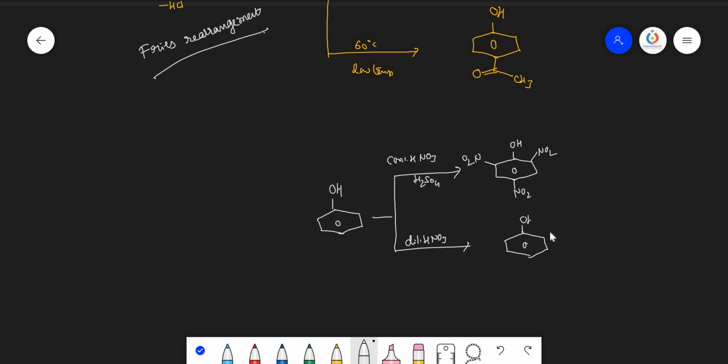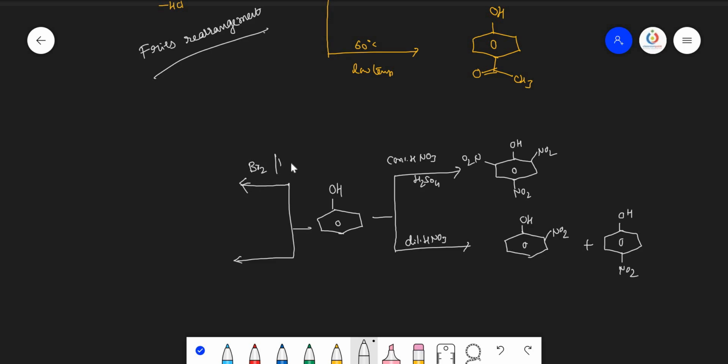So you will get two compounds, ortho-nitrophenol as well as para-nitrophenol.